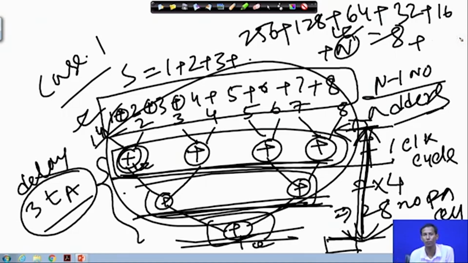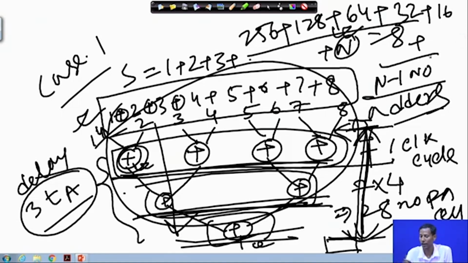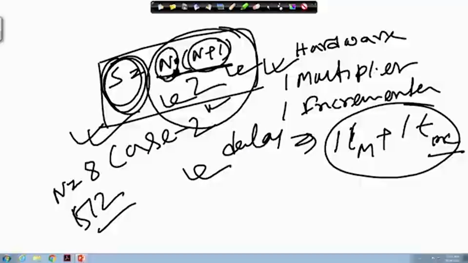So many levels, and I require this kind of tree structure of adders. Describing it using HDL or any other language will become too complicated whenever I follow this method. So when the n value is large, what will happen?